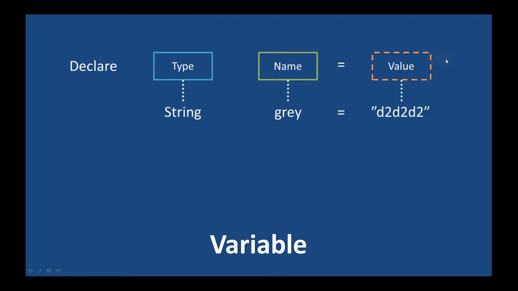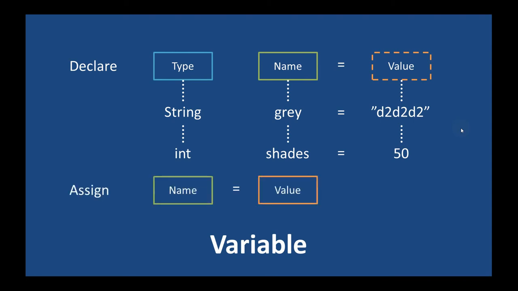For example, we have string is the type of the variable, gray is the name, and d2 is the value. The same, int is the type, shades is the name, 50 is the value. If you don't want to assign the value when you're declaring, you can assign the value separately by doing name equals value. So that's it for some basic information about variable.